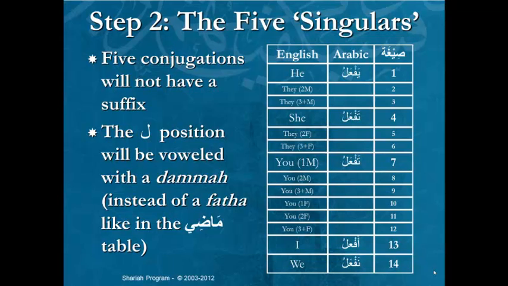Af'alu is clearly distinct, that's the I one, and naf'alu is when the doer of the verb is the speaker himself and a group. Okay, and back in the Madi, in I think 1.3, people asked the question about what you do if you have a mixed group of males and females. Then in conjugation number 14 it doesn't matter because gender becomes irrelevant.